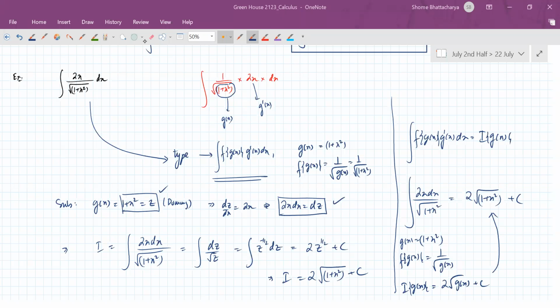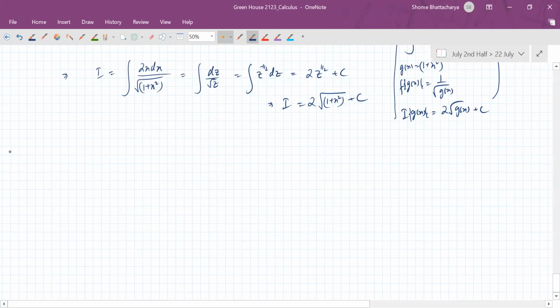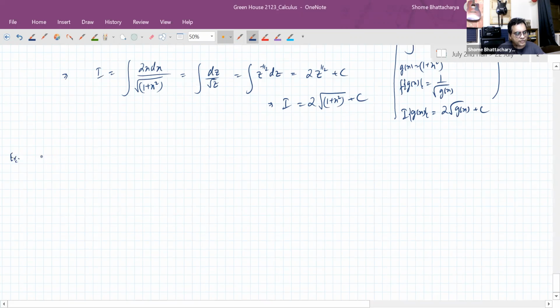Okay, people, I hope this example is clear to all of you. So let's work out some more examples of this kind of application.